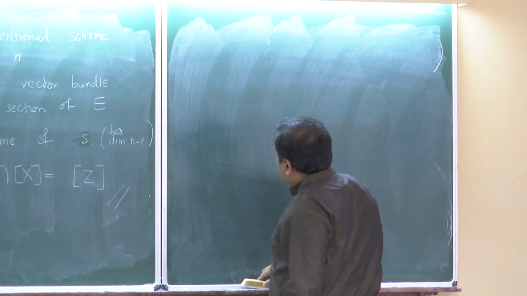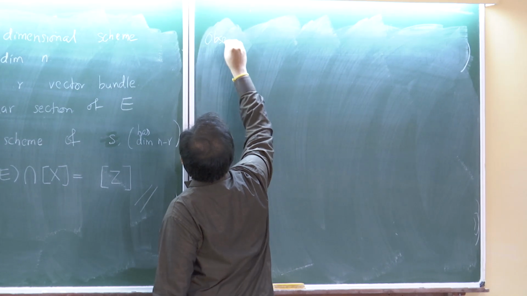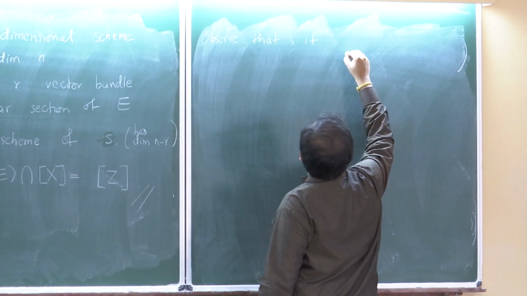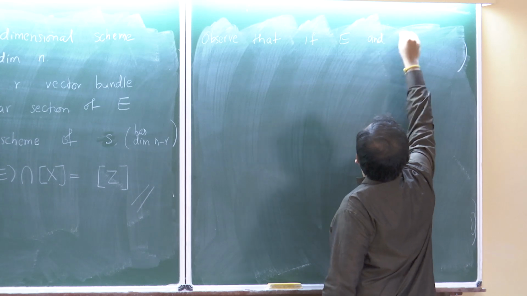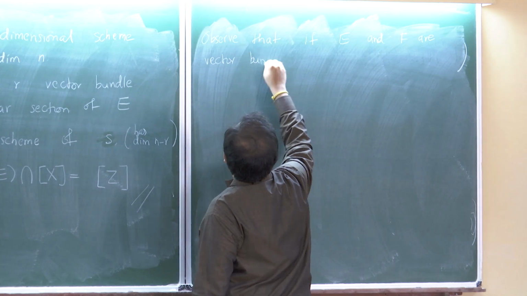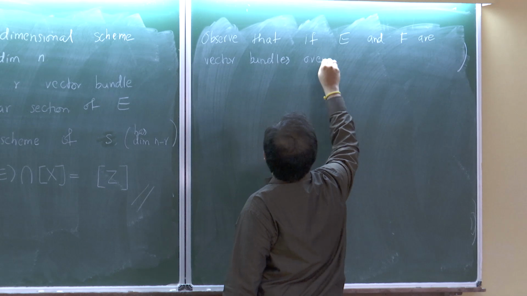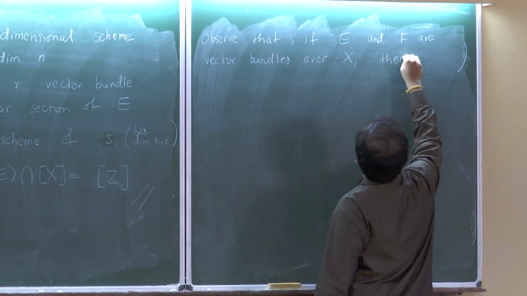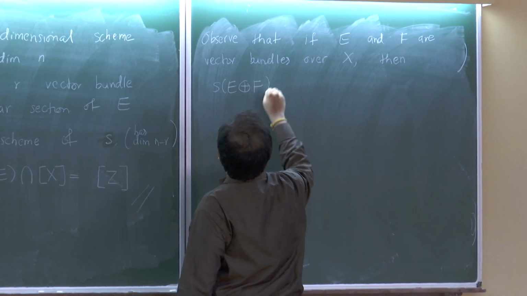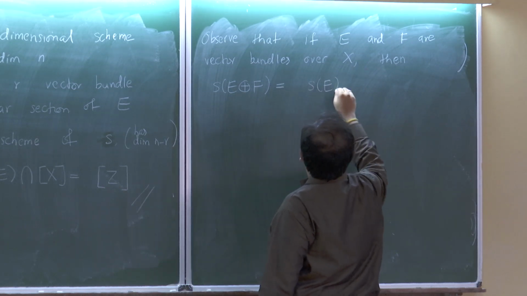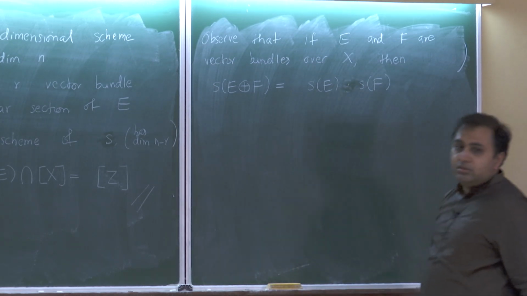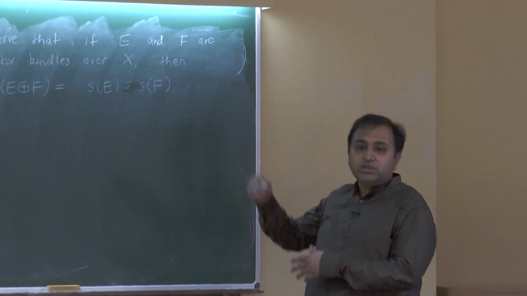This is one thing. So observe that if E and F are vector bundles over X, then S of E plus F is equal to S of E times S of F. This is because this works for the total Chern class.